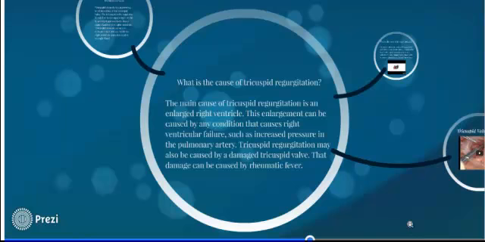So this is information that I said before, related to the cause of the tricuspid regurgitation. We will continue to the tricuspid stenosis.